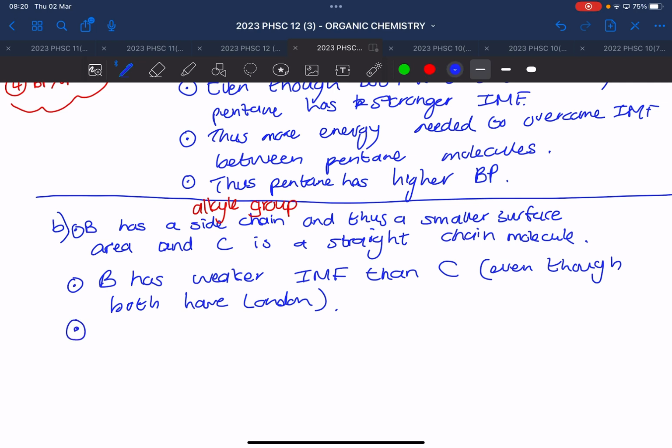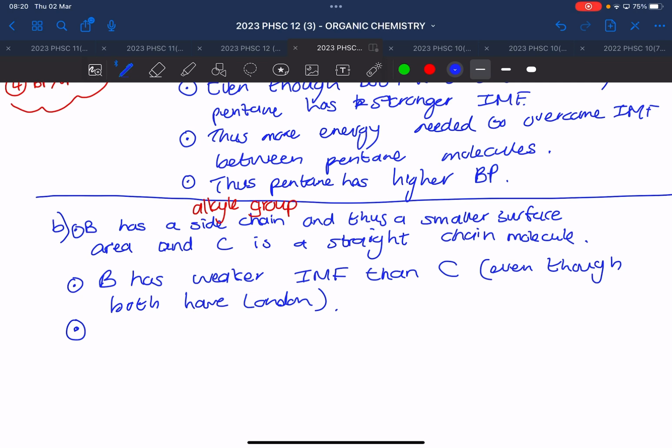Then how will that impact the energy, Jabu? There's more energy needed to overcome the process of between? Yes. Okay, so that's true. Thus more energy will be needed to overcome intermolecular forces between C's molecules. But we are doing now the inverse. So we don't want to say more energy, we want to say less energy.